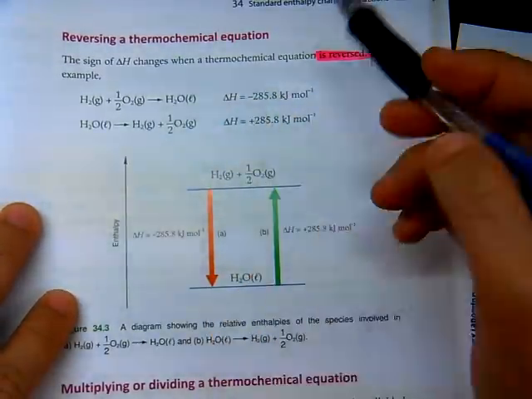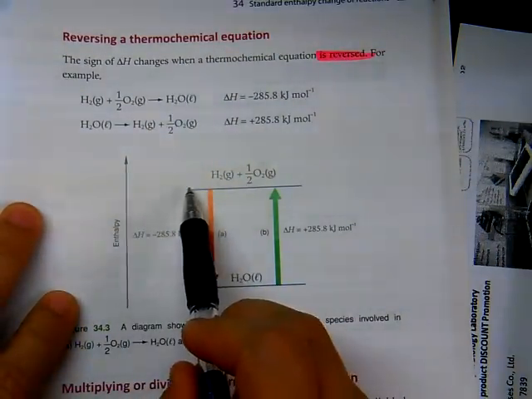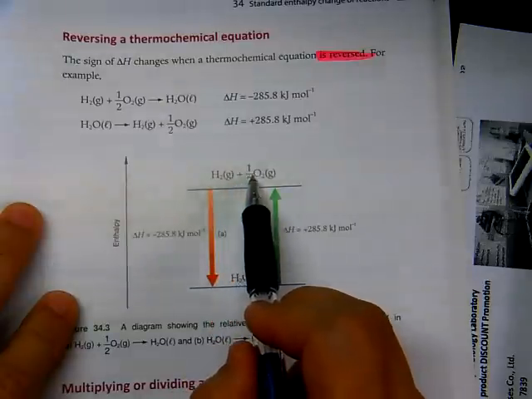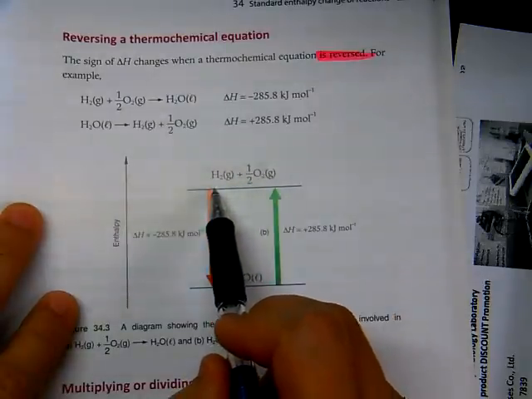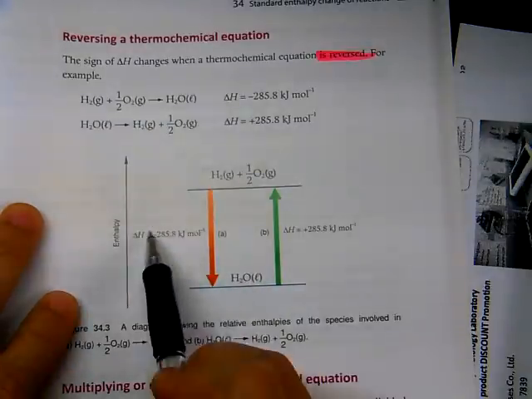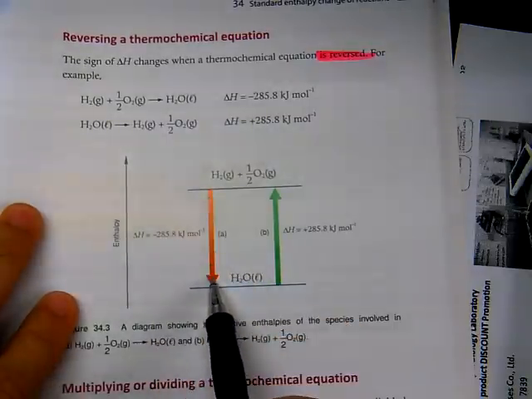Okay, is released. That means by using the enthalpy level diagram, here is the H2 gas and half mole of O2 to form H2O liquid. Because energy is released, delta H is negative, so use the red arrow. Do you understand?